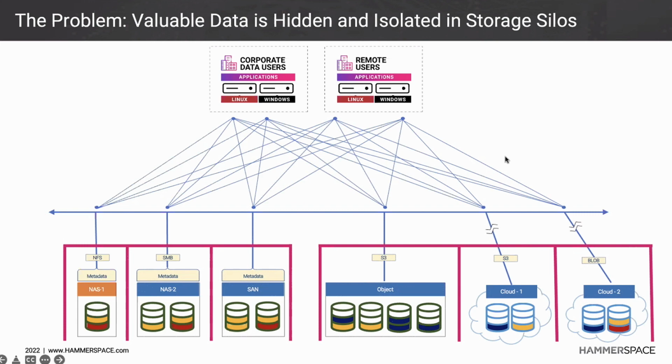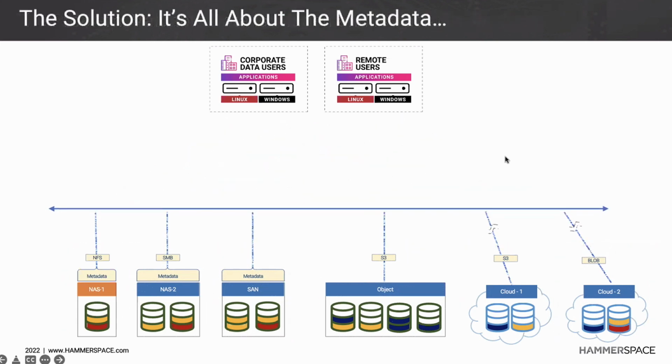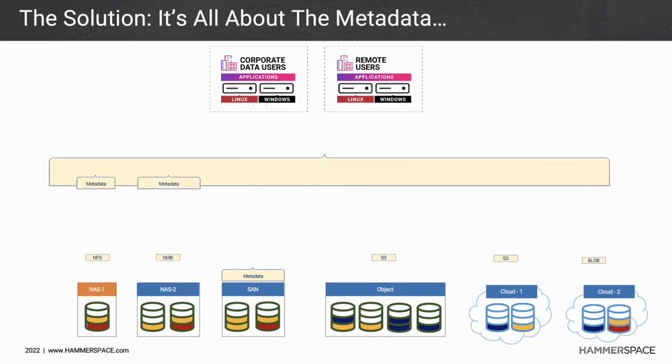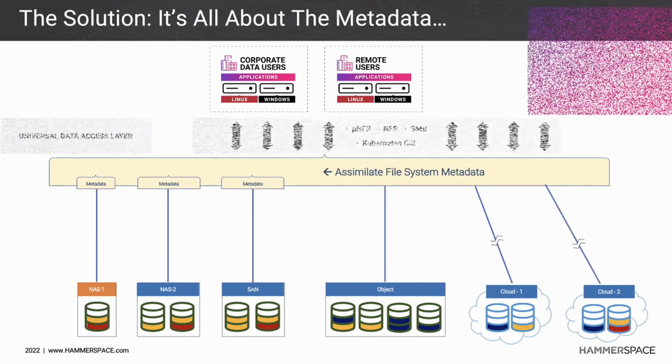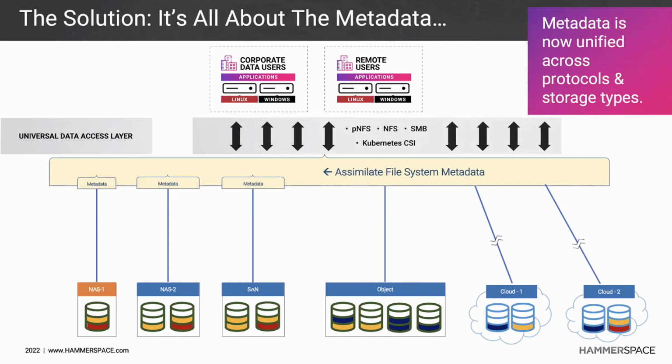So the answer to this, and the way that we approach it, is by bringing the metadata up above the storage layer. What Hammerspace does, in connecting to individual storage devices, is assimilate that file system metadata up into a metadata control plane.